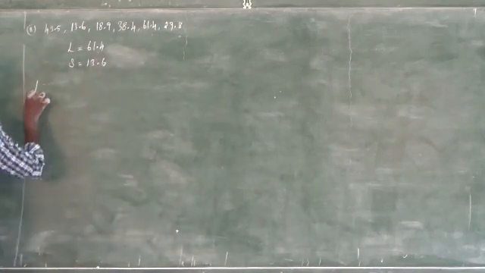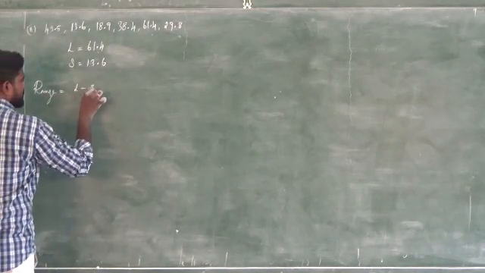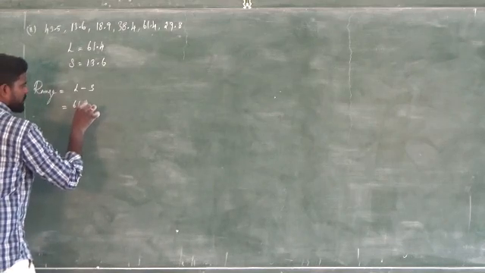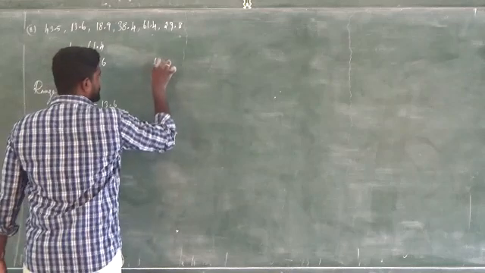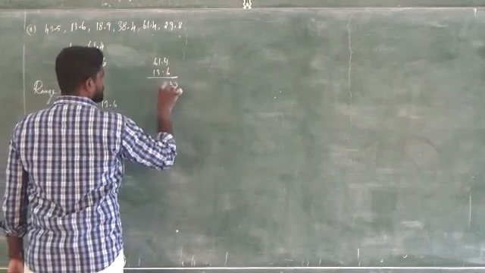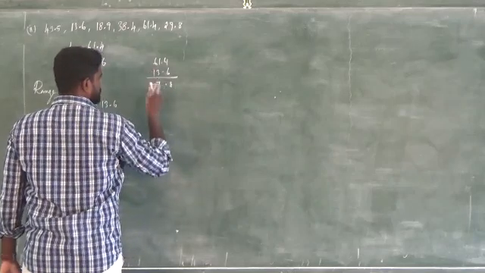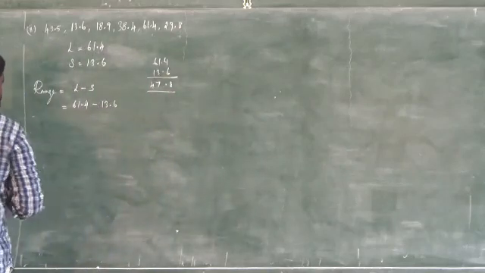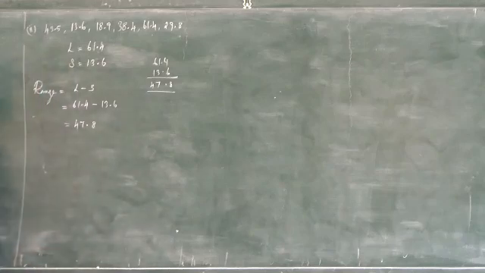So first we find the range. Range is L minus S: 61.4 minus 13.6. Subtract 61.4 and 13.6: 8, 7, 4. So the range is 47.8. 47.8 is the value of range.